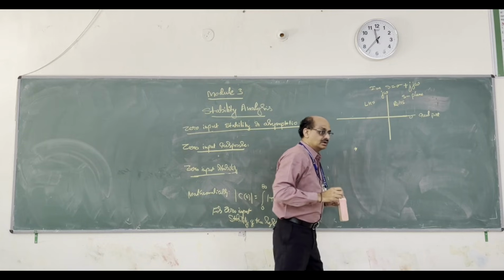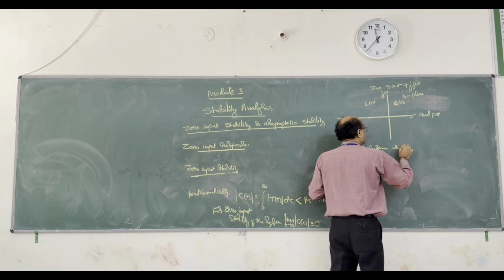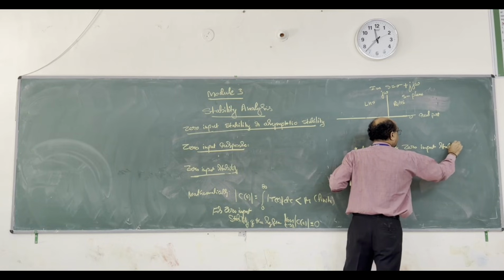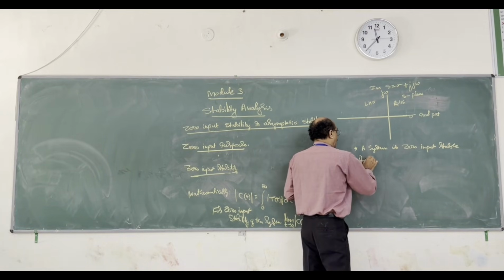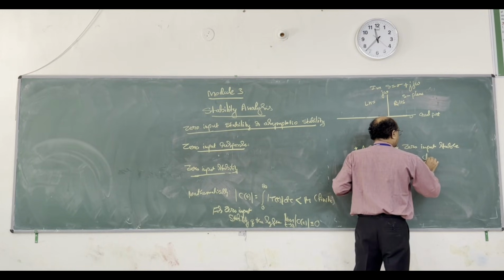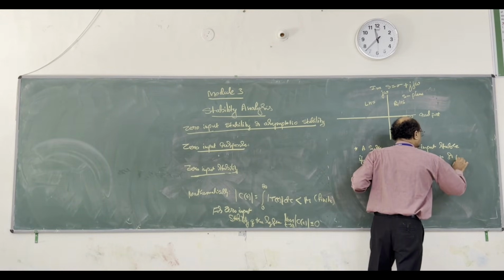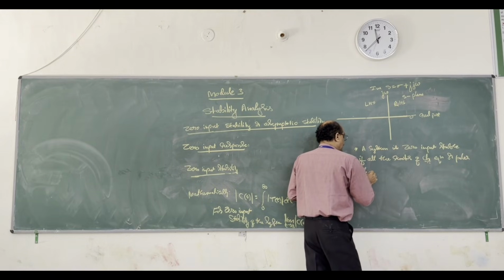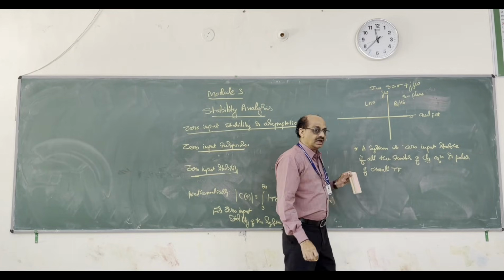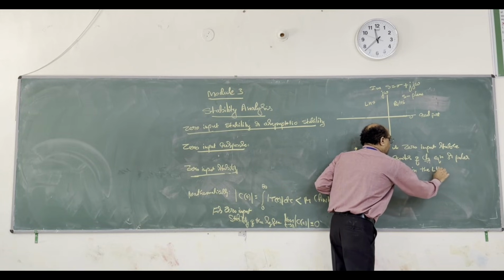Right, now the condition is: a system is zero input stable if all the roots of the characteristic equation, or poles of the overall transfer function, are in the left half of the S plane.